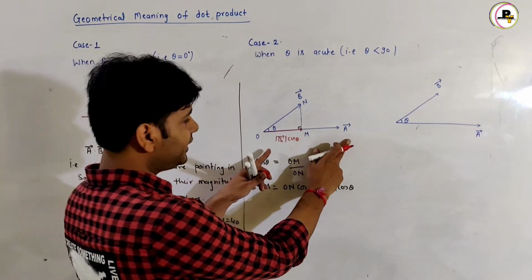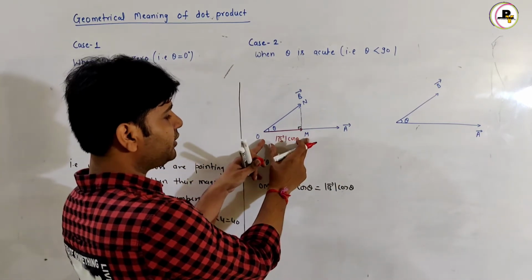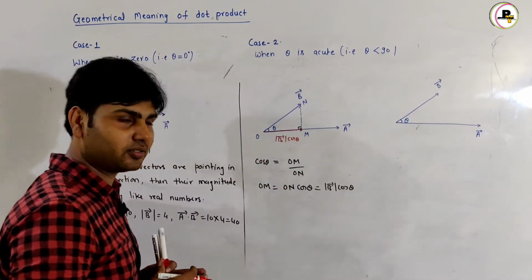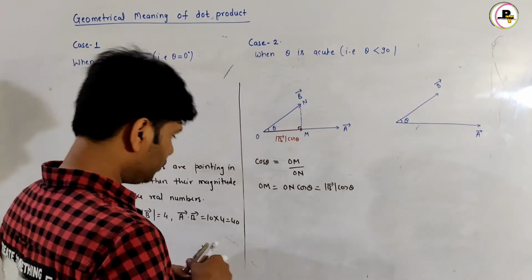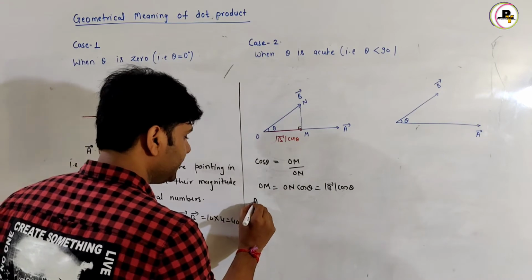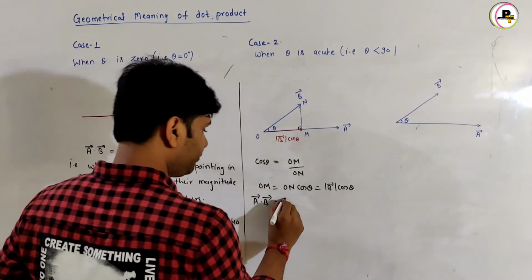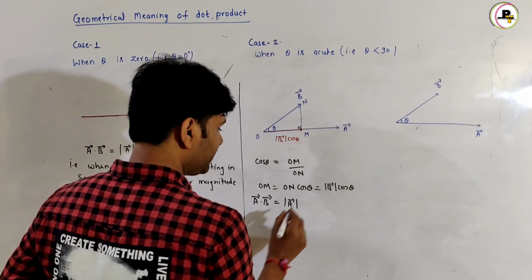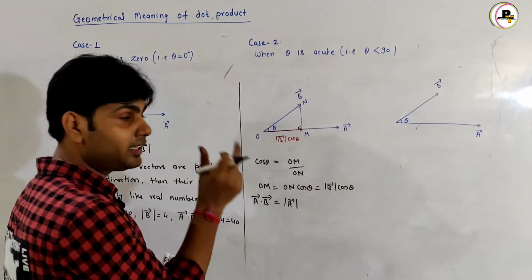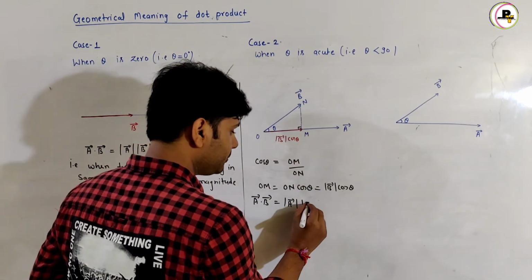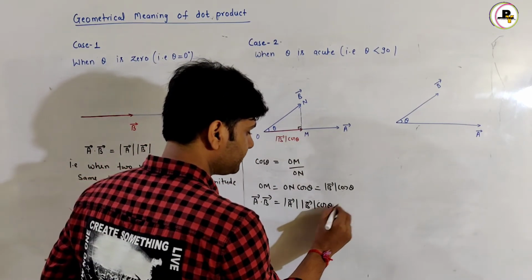So vector A and the component whose magnitude is mod of vector B cos theta are taken in the same direction. Therefore in this case, the dot product of vector A and vector B will be equal to mod of vector A into mod of that component which is along A vector, that is mod of B vector cos theta.